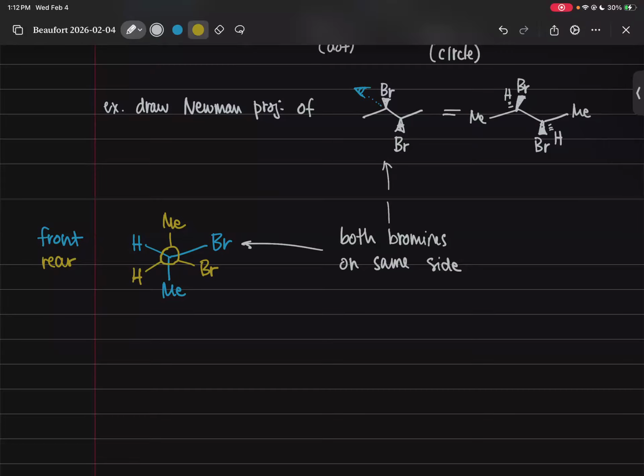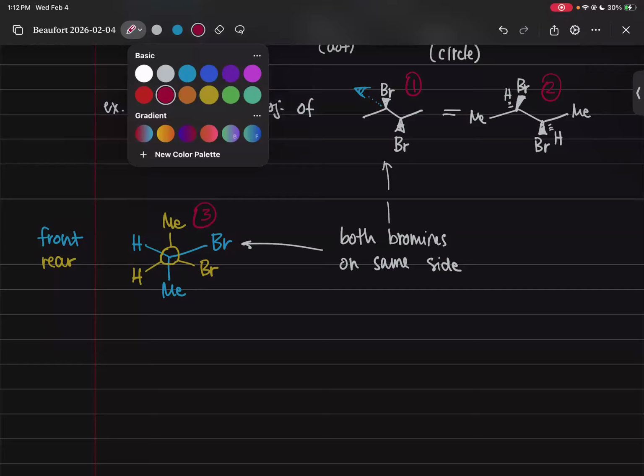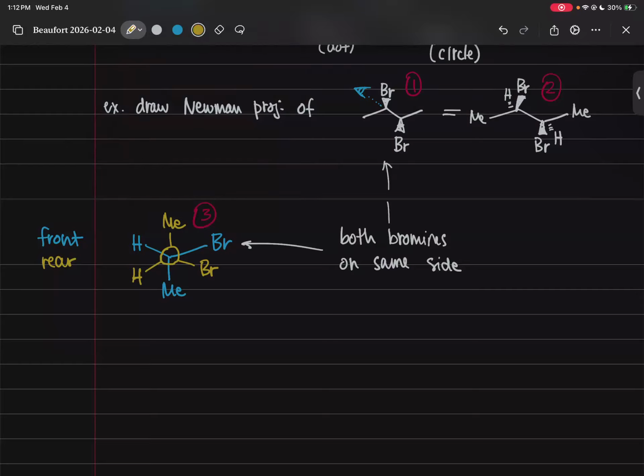Another thing I would recommend is, if possible, do this three-step process where you start with a regular skeletal structure and then you build out this more explicit skeletal structure where you've got wedges and dashes on each of the two carbons that are of interest to us, the ones in the C-C bond that we're looking down.